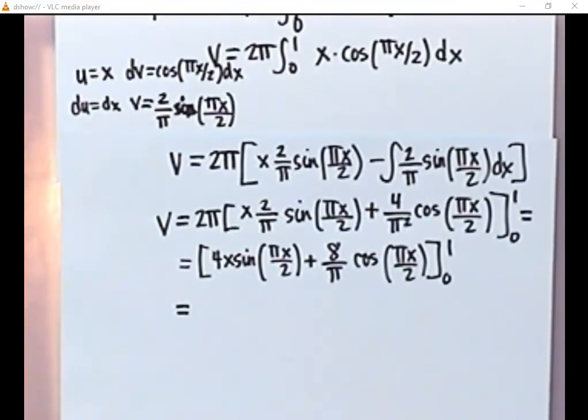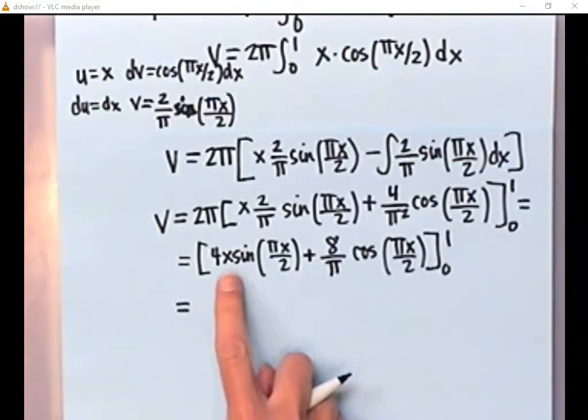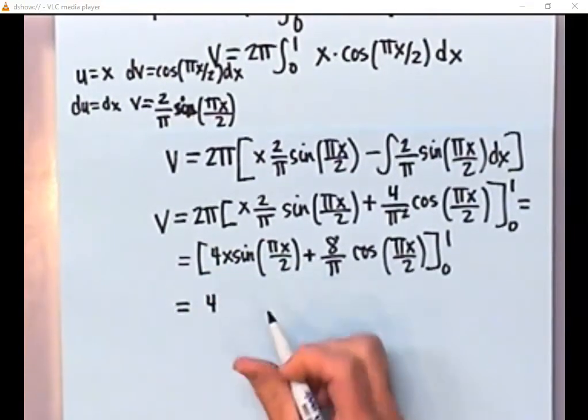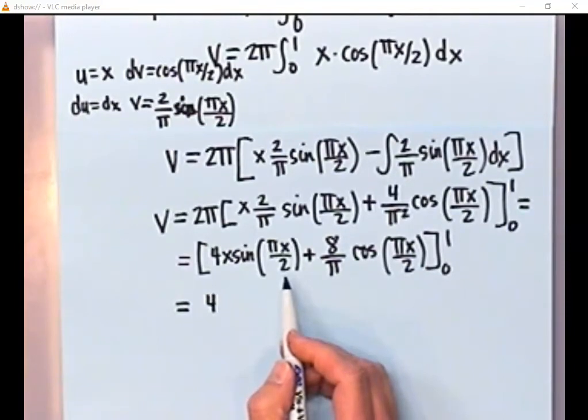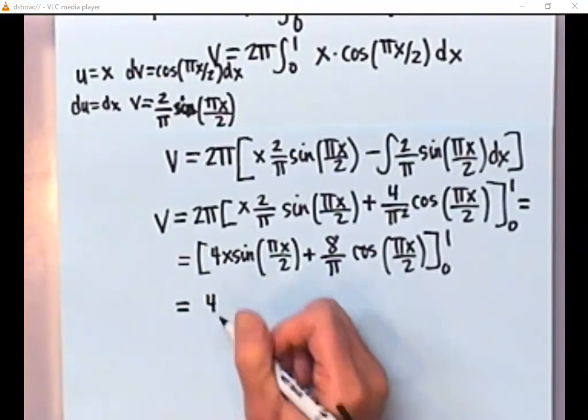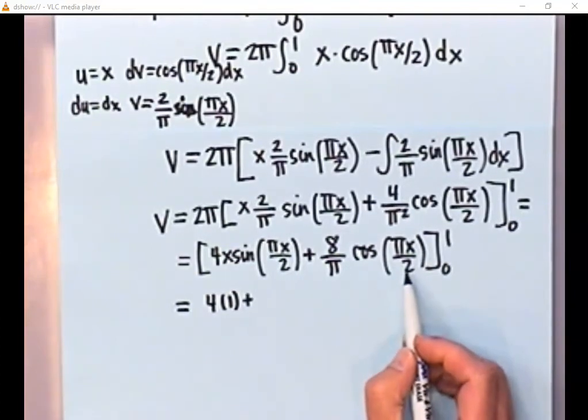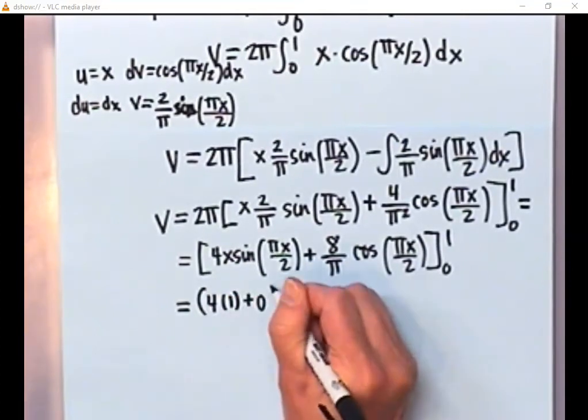So what do we get in the end here? If I plug in 1, this is 4, right? 4, what's the sine at pi over 2? 1. So that'll be 4 times 1 plus the cosine at pi over 2, which is 0. So that part will be 0.